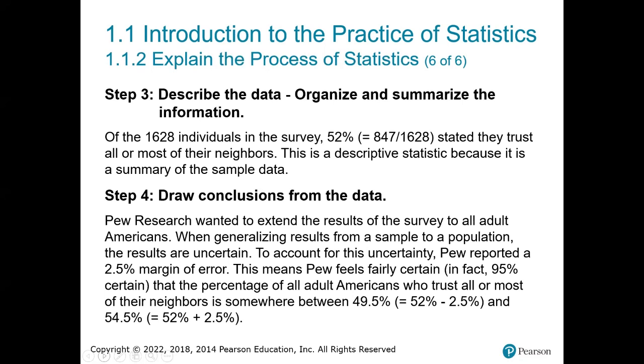So they are 95% certain that the percentage of all adult Americans who would trust all or most of their neighbors would be somewhere between 49.5% and 54.5%.